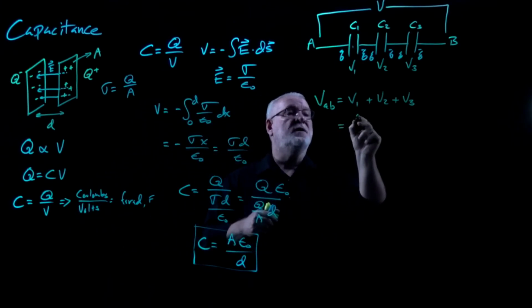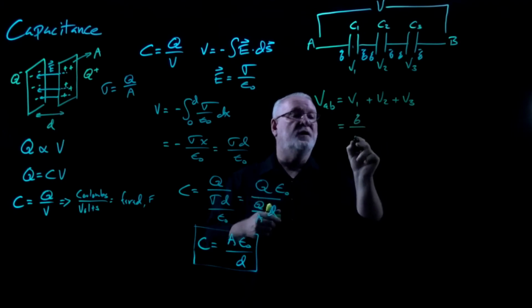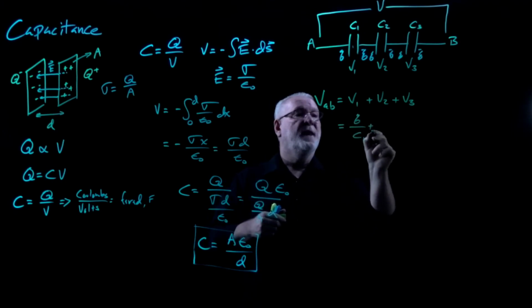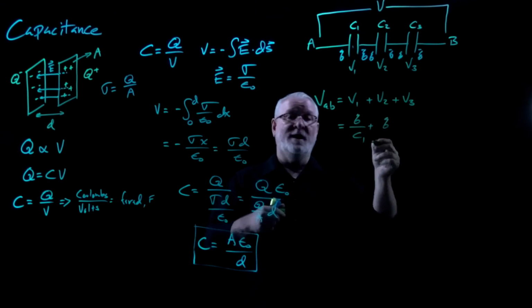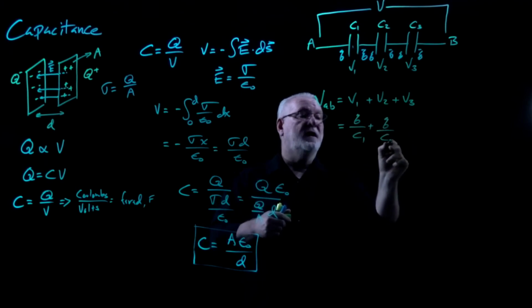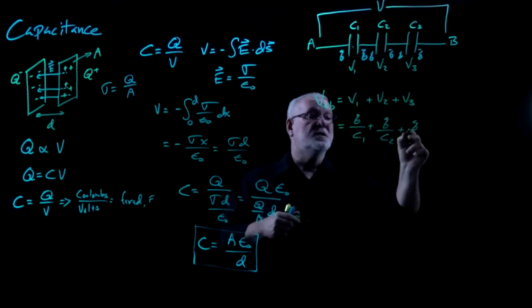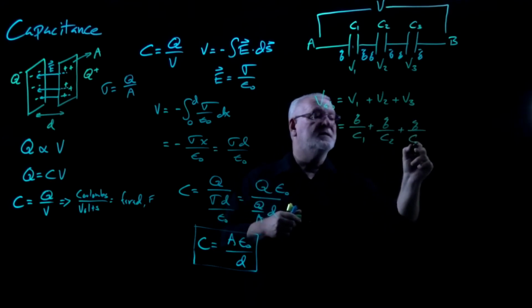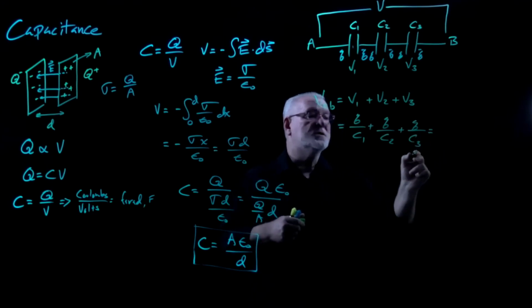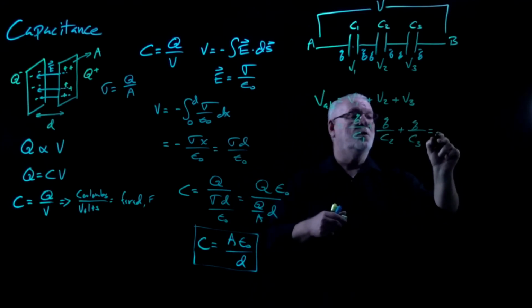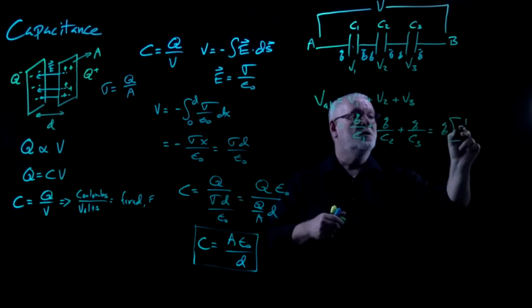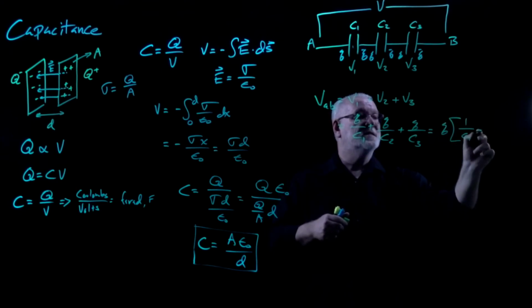V1 is just going to be the charge, the same charge on all of them, divided by C1. V2 is the charge divided by C2. And V3 is the charge divided by C3. In other words, it's going to be equal to one single charge times the reciprocals of all three capacitances.